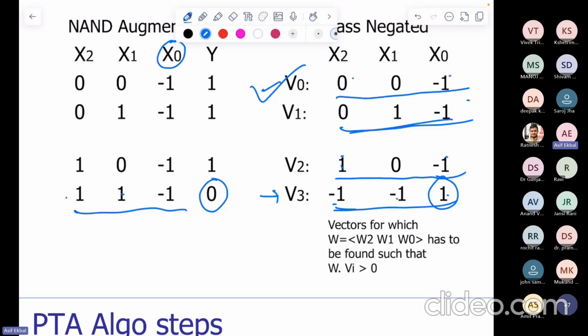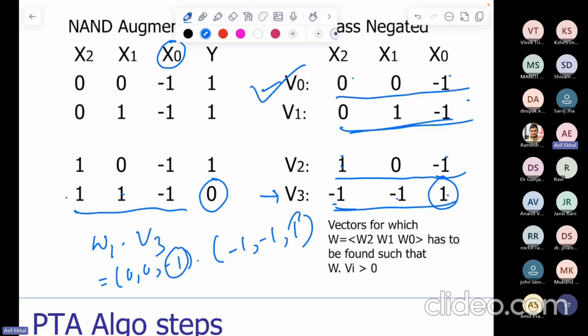-1, -1, +1. So now, if you do that W1 into V3 here, so W1 was what? 0, 0, -1. V3 is -1, -1, 1. Now you see that 0 into -1 is 0, 0 into -1 is 0.